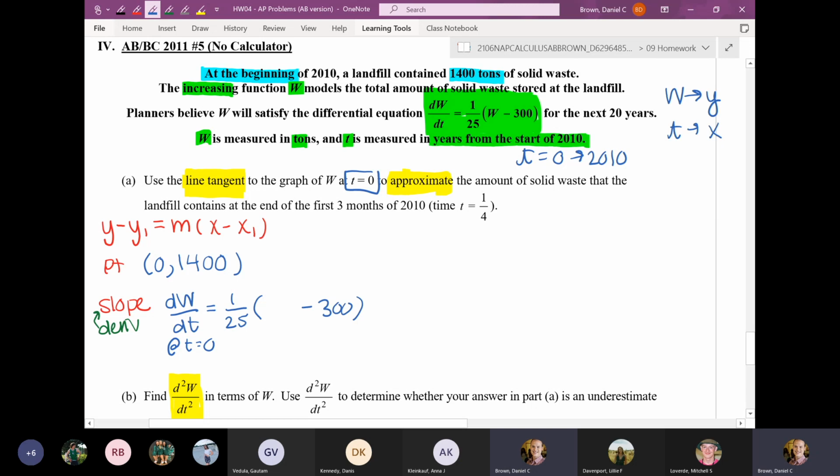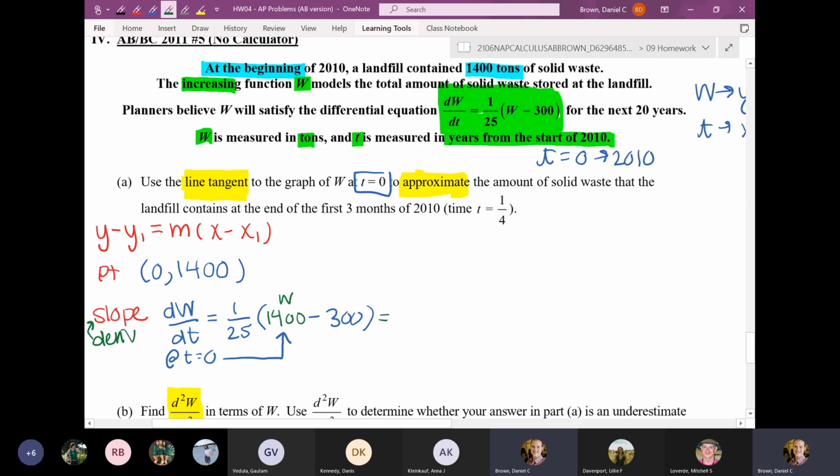I'm not going to plug in 0 there because that is the W. Well, what is the W when t is equal to 0? The W is that 1400. Then I can simplify 1400 minus 300, divided by 25. So I see that my slope would be 44.